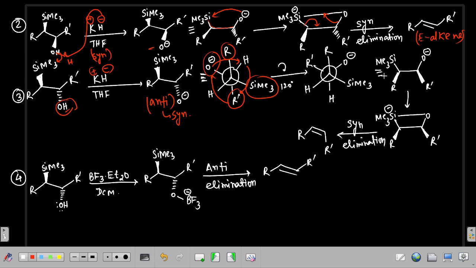So here we can convert this to this conformation, where O minus forms a bond with this silicon, TMS, and later it undergoes a syn elimination. So it will form a Z alkene.